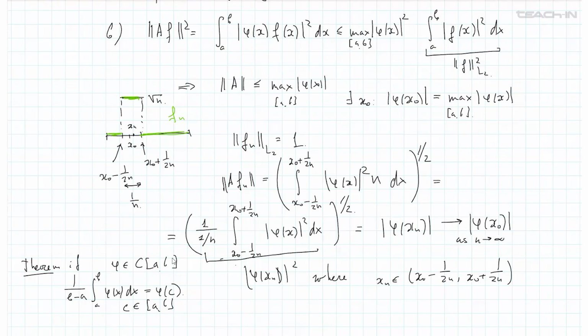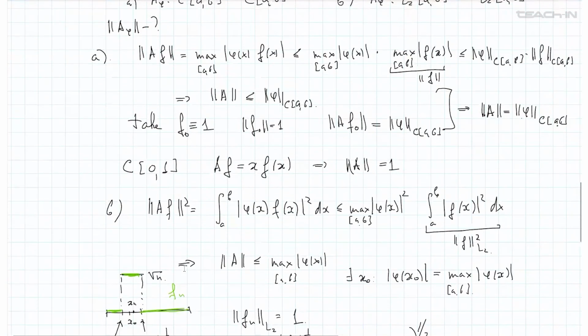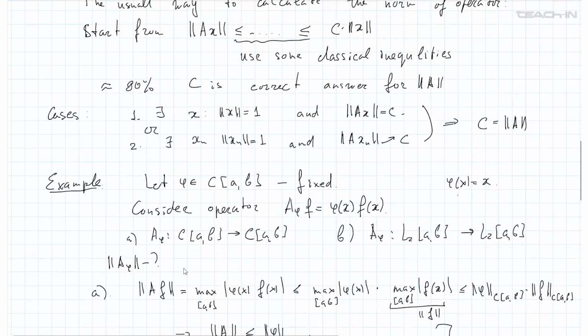So in this situation, we must construct the sequence. There are two different cases: you can investigate an operator with this property, or with that property.